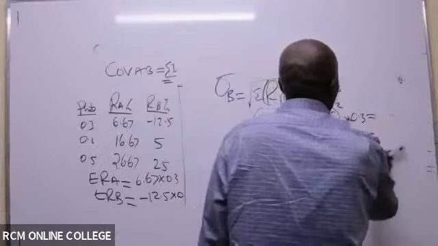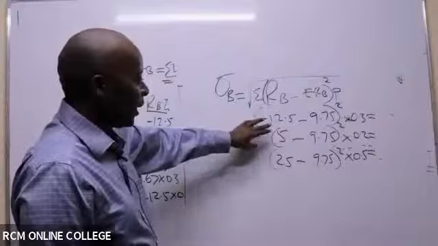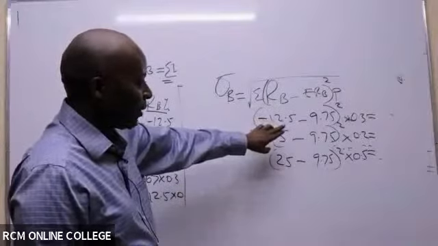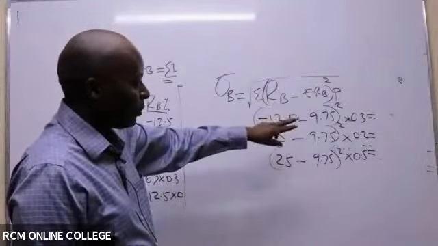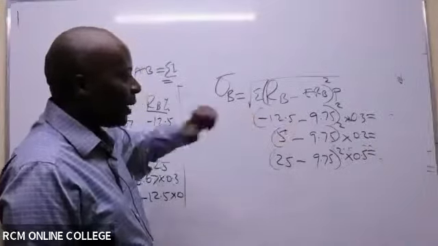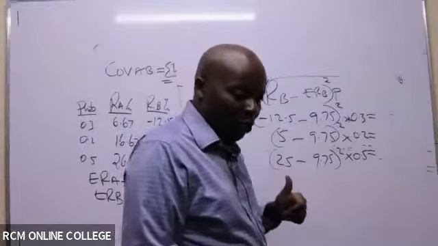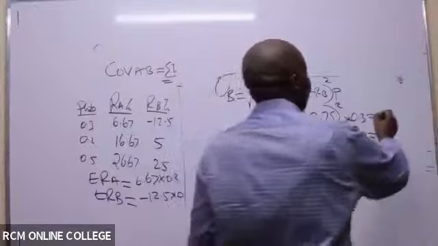So then you should be able to do what here? Open brackets, minus 12.5, minus 9.75, you square, times 0.3. You give me an answer. If you're not able to get an answer, it's my role to show you. You should tell me, Mwalimu sijapata answer, please show me how you got it. 148.52.